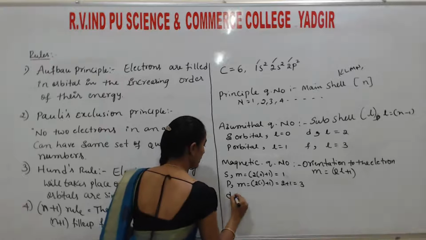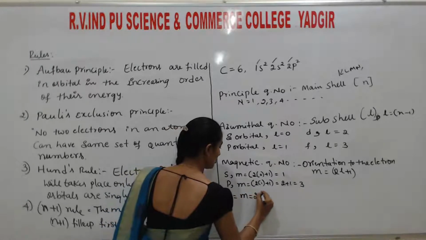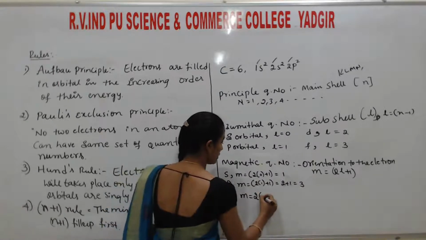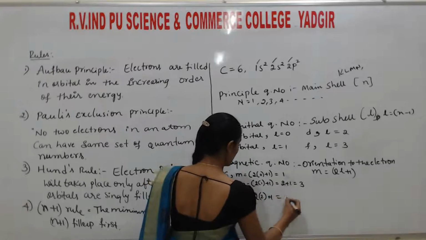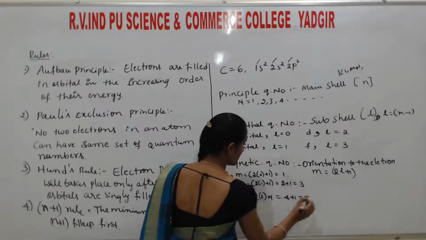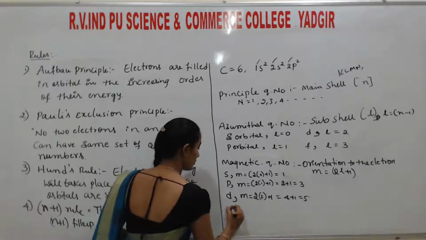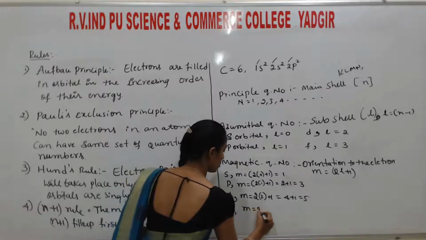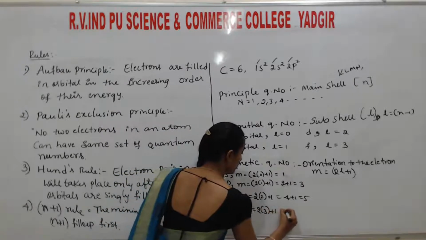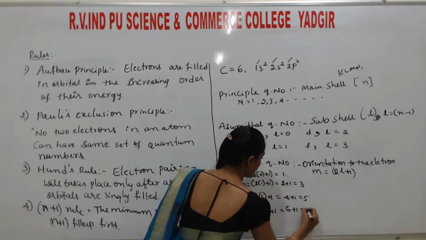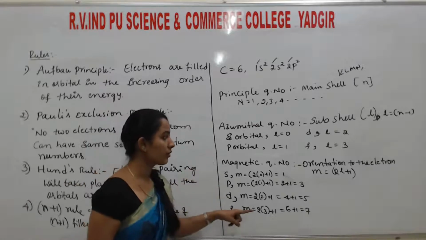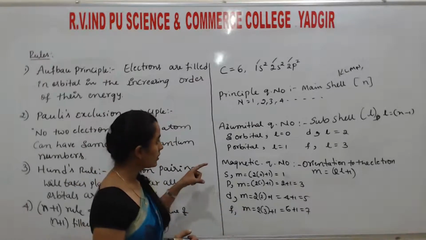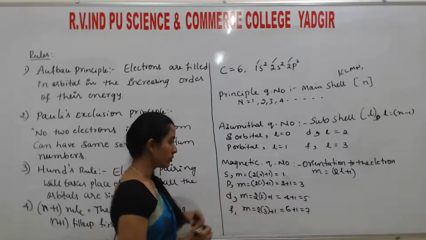For the d orbital, m is equal to 2 into 2 plus 1, that is 4 plus 1, that is 5. For the f orbital, m is equal to 2 into 3 plus 1, that is 6 plus 1, that is 7. So what does this show, students? The orientation of the electrons.